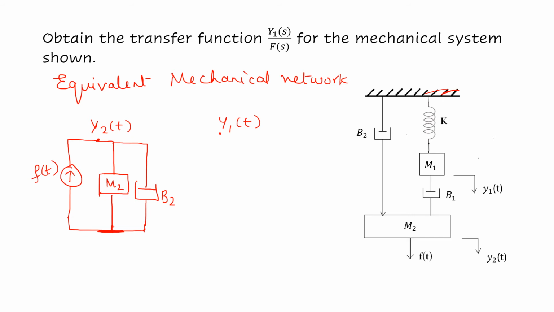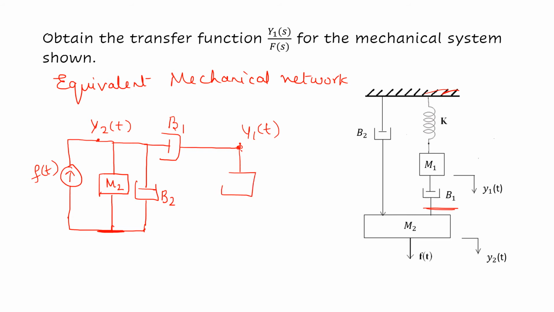Next, between y2 and y1, I represent y1(t). Between y2 and y1 we have a damper B1, and at this particular y1 the mass of the body m1 and the spring k have to be represented.